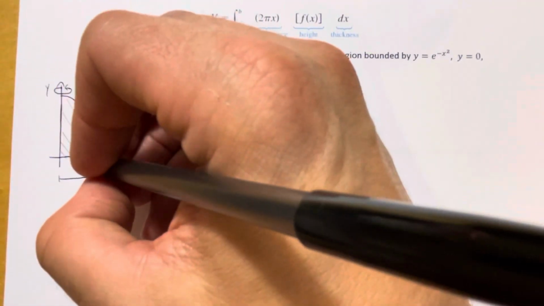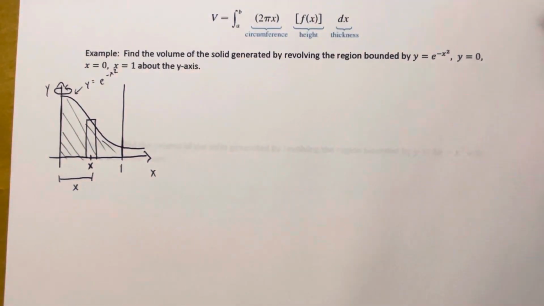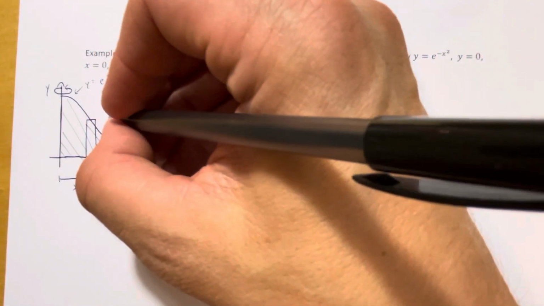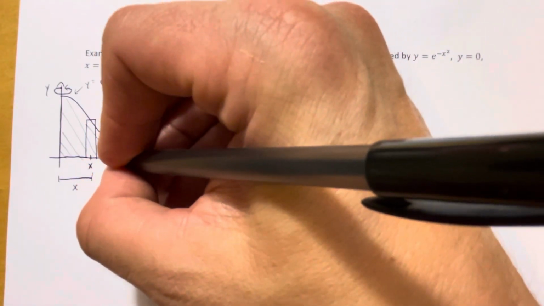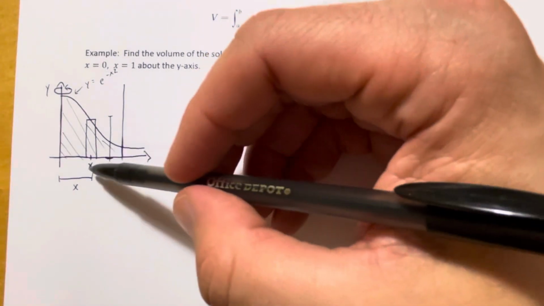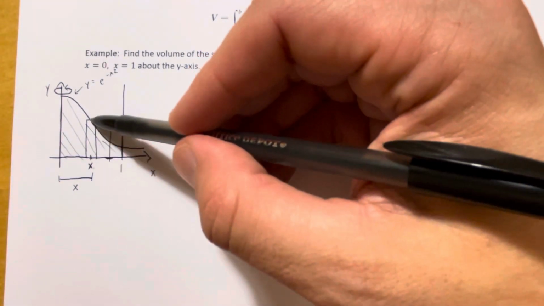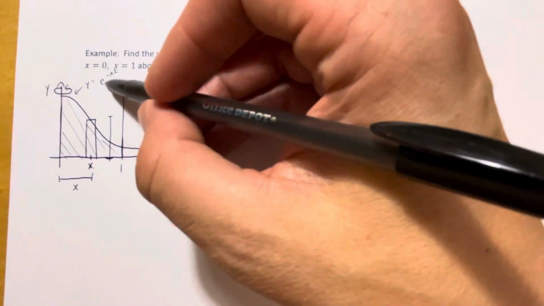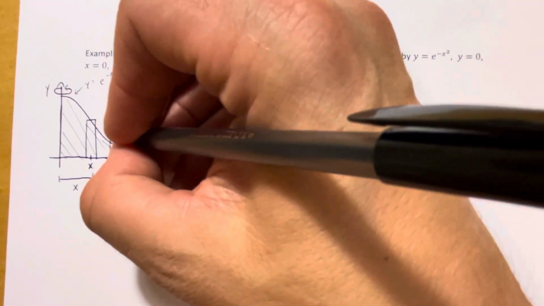So the distance from x to the origin literally is just x. Okay. The height is another thing that we're going to need to identify here. What is the height of this rectangle? Well, it comes from plugging x into our function to get the y-coordinate of this point. And this is what the function is. It's e to the negative x squared.